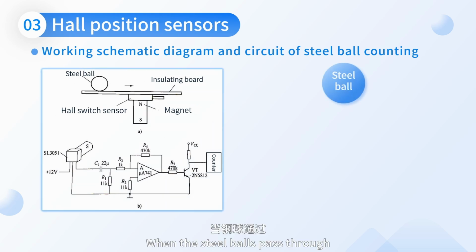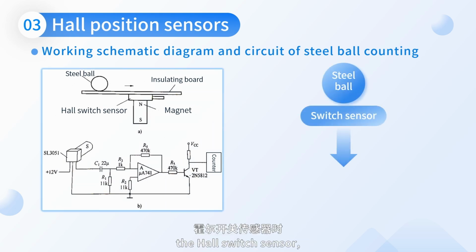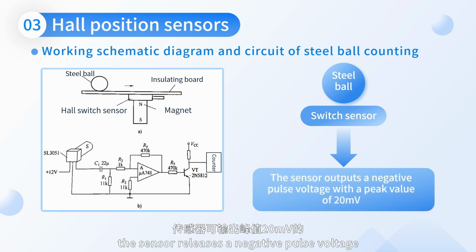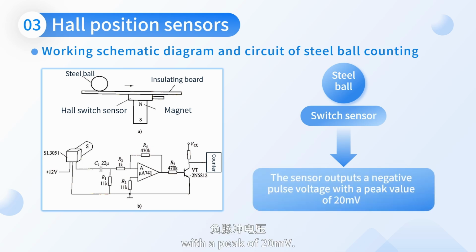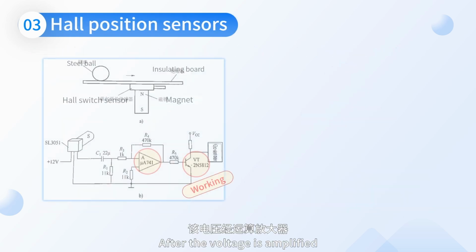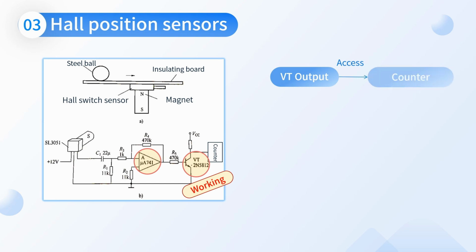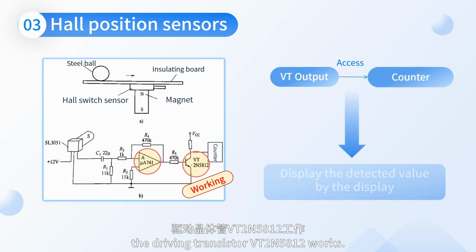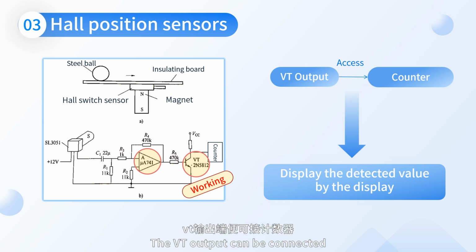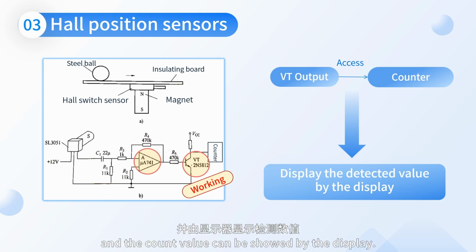When the steel balls pass through the Hall switch sensor, the sensor releases a negative pulse voltage with a peak of 20 mV. After the voltage is amplified by the operational amplifier MU-A741, the driving transistor VT2N5812 works. The VT output can be connected with a counter for counting, and the count value can be shown by the display.